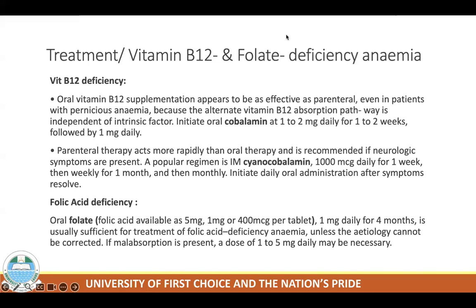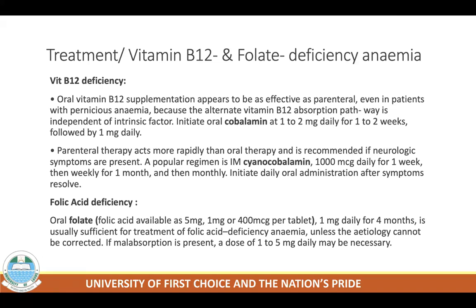Please, what is meant by the B12 absorption pathway being independent of intrinsic factors? Okay, so for example, when you take medicines, after absorption there's distribution and then metabolism.